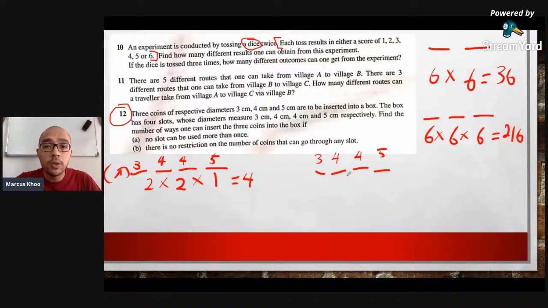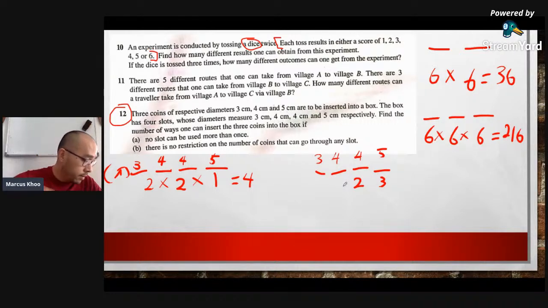How many coins can go into the 5 cm slot? All 3, right? How many coins can go into the 4 cm slot? Only 2. And how many coins can go into the other 4 cm slot?